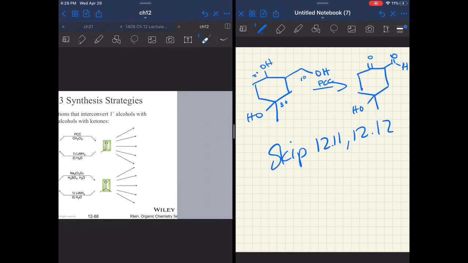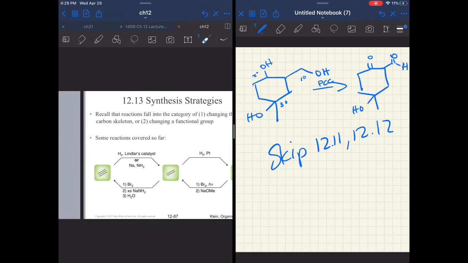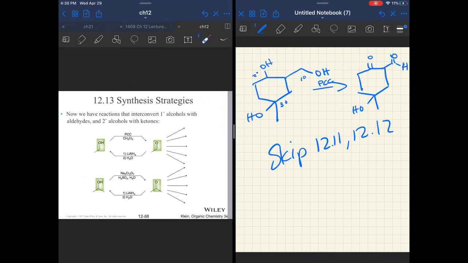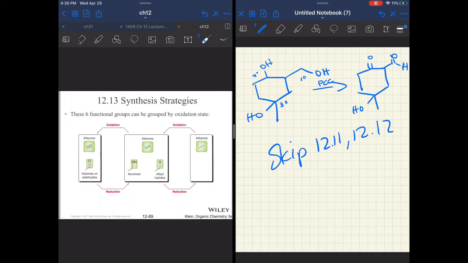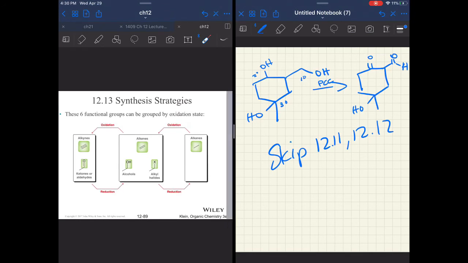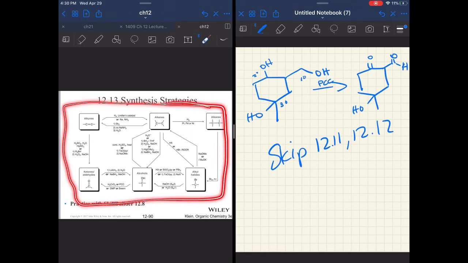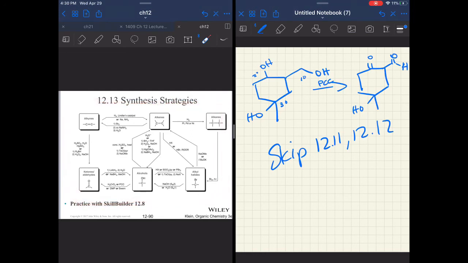If you're extending the carbon chain, you know that you now have Grignard. If you are changing functional groups from alcohols to carbonyls or vice versa, you have a bunch of options through your oxidations and reductions. This is a great chart to help you study and to work with as you work through synthesis problems.